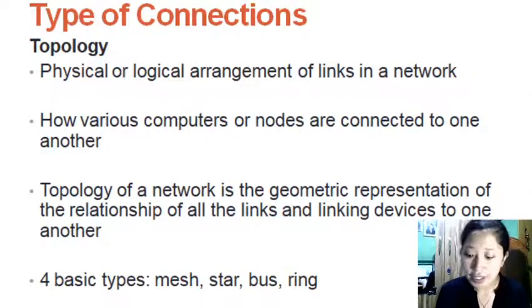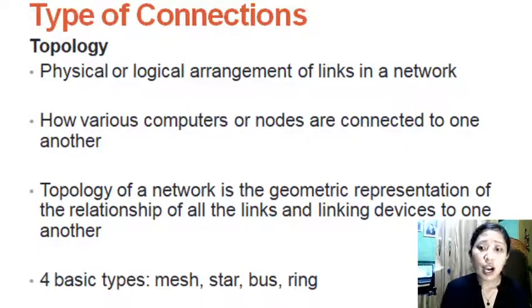Based on these types of connection, we have different types of topology. Topology means how all the devices of the network are connected to each other. There are two types of topology: one is physical and the other is logical. Physical means how all the devices are physically connected with each other by using the transmission media.